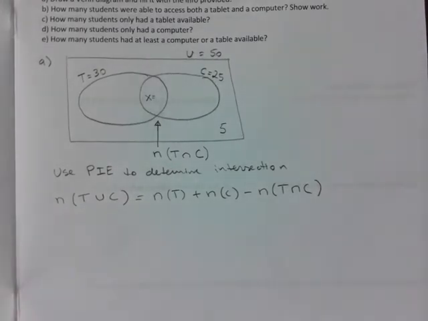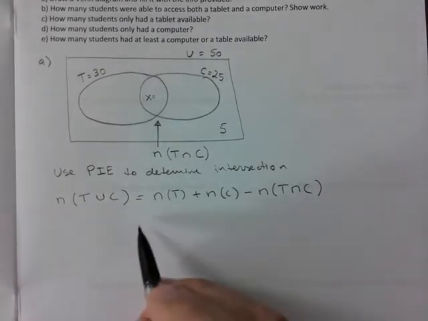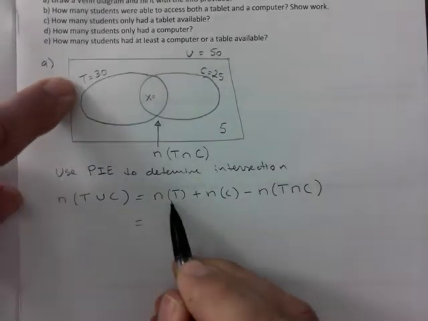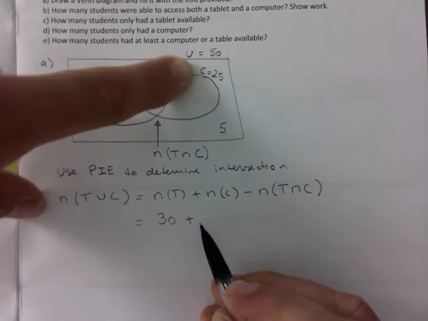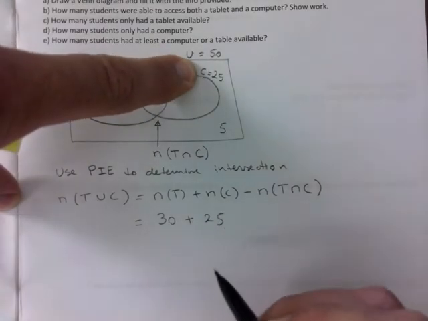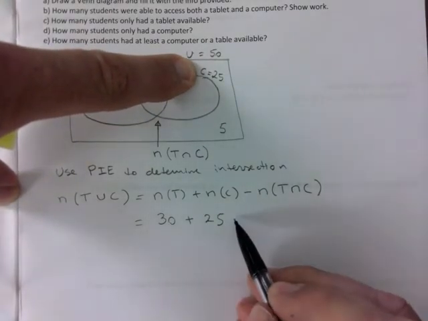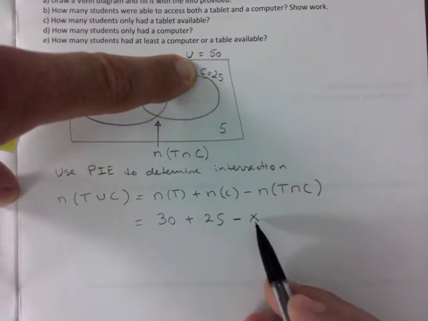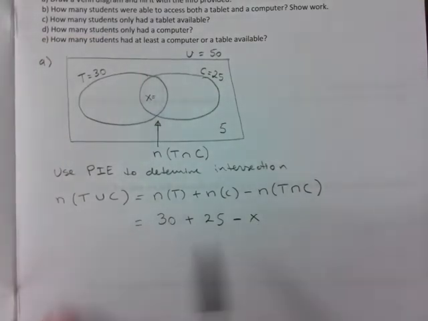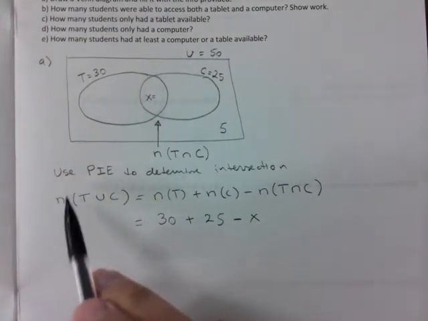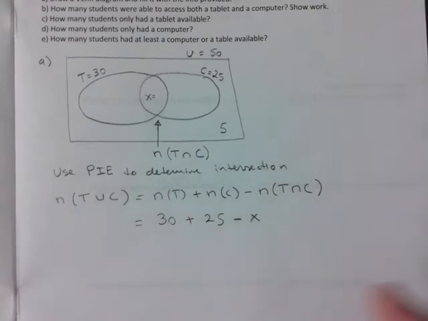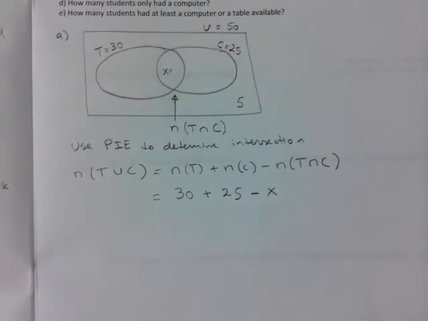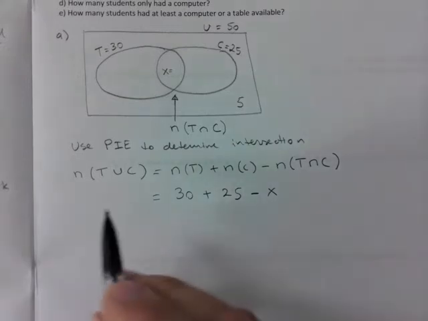Okay. And so now you need to fill in what you know for sure. You know that there are 30 families that have a tablet. You know that there are 25 families that have a computer. You don't know this, so I'm going to call that X. And what about this? Do I know this part? Remember that I always kept on saying that there are two ways to figure that out, right? And this is where that comes in handy.